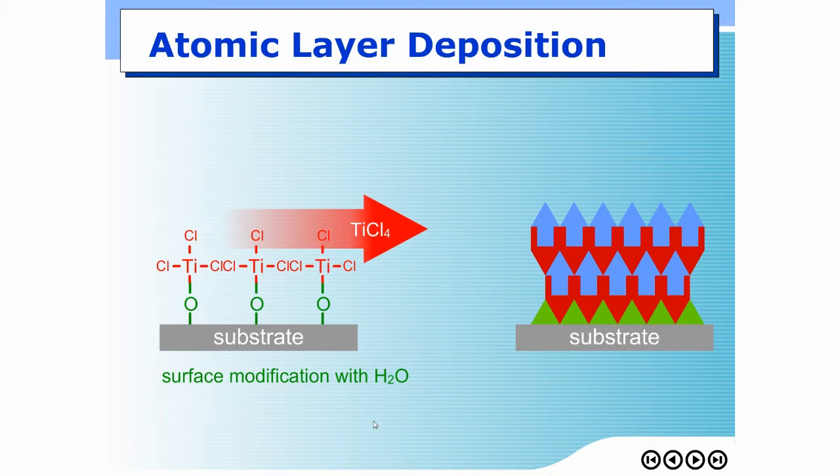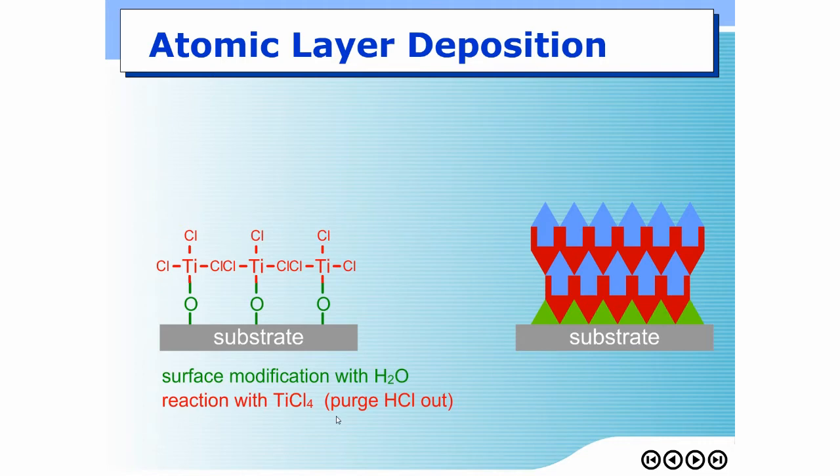Okay, once the whole surface is covered by this titanium chloride group, it's just like the red layer here. There will be no more reaction, because it doesn't matter whether you keep supplying titanium tetrachloride, that will not react with this chlorine.